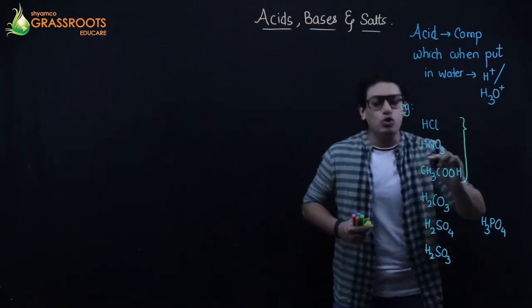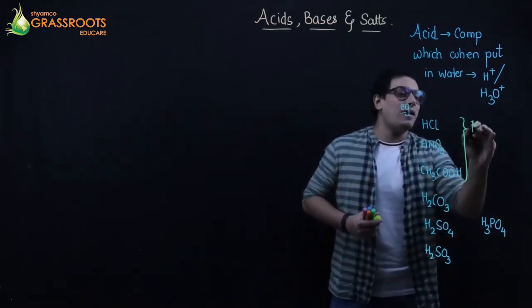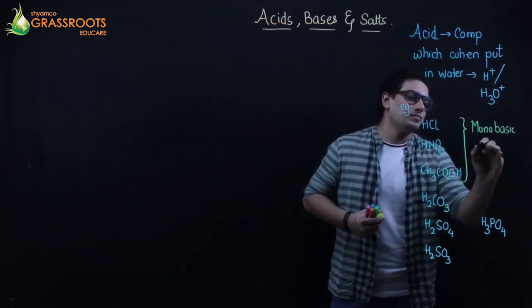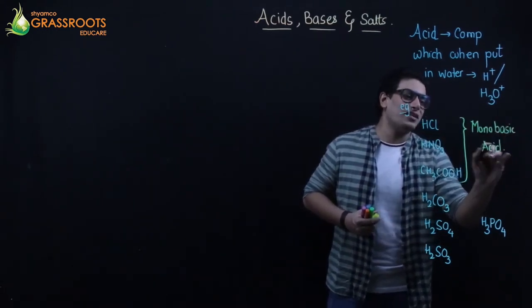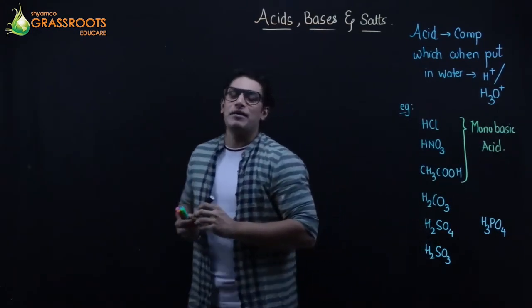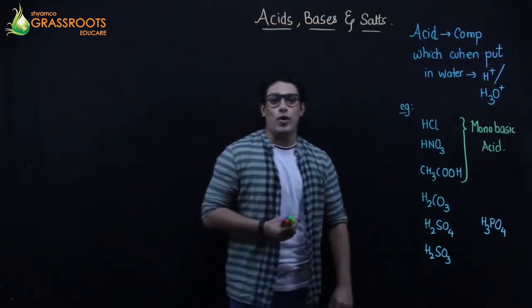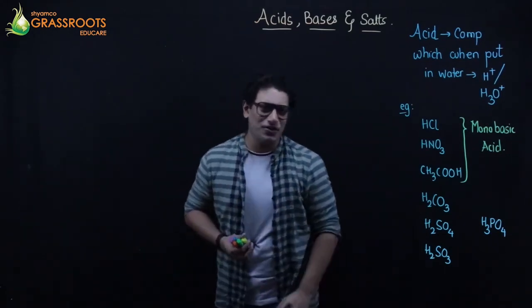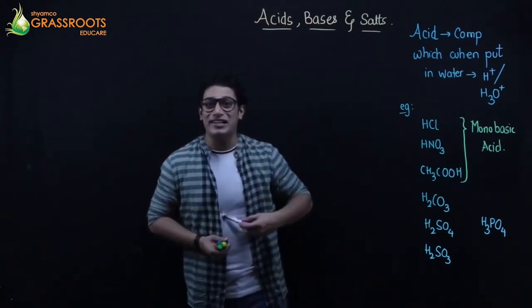Yes, these three, we call them monobasic acids. Why monobasic? Tell me the reason why. Because they react with only one OH. I didn't get you, sir, please elaborate on this. I'll tell you.